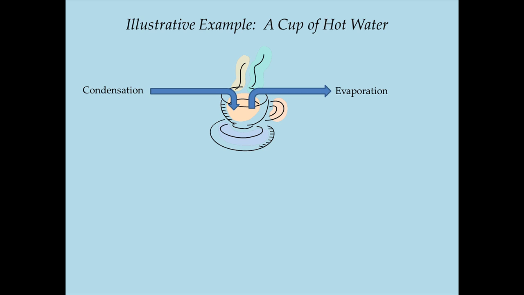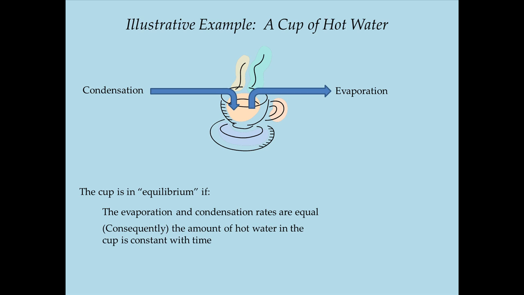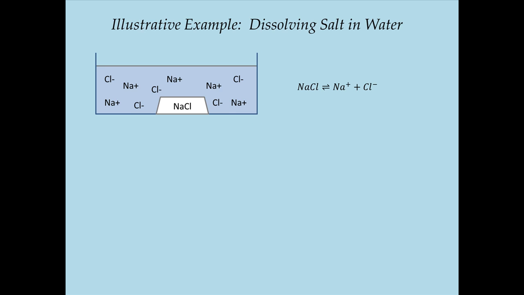And that's basically the concept of equilibrium from thermodynamics. We say that this cup is in equilibrium if, number one, the evaporation and condensation rates are equal. Number two, as a consequence of that, and perhaps more importantly, the amount of hot water in the cup remains constant with time.